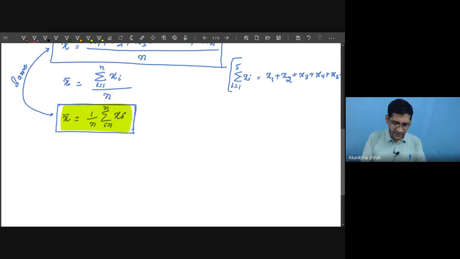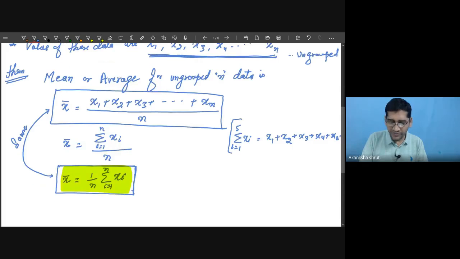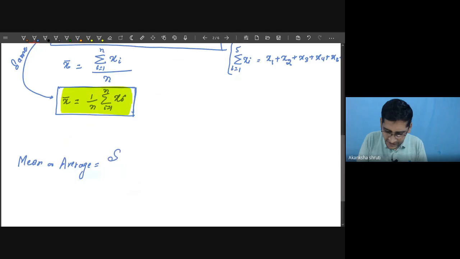Many a time we write the full form also. So, students, we can write mean or average is equal to, what is in the numerator? The sum of all the observations.